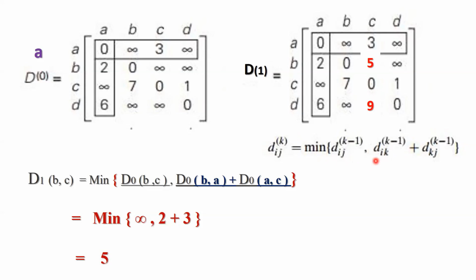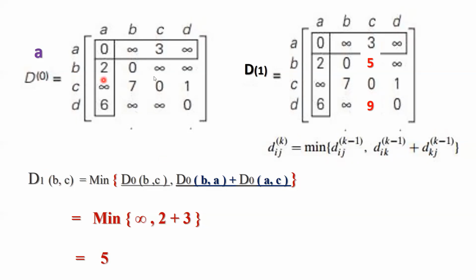For example, if I want to check for a minimum path from I to J by considering K as intermediate, so I to J with K means I to K and K to J. I must add this, and check the minimum among these. Whichever is minimum, I must consider. The same has been represented here also. So for updating B to C, what must I check?